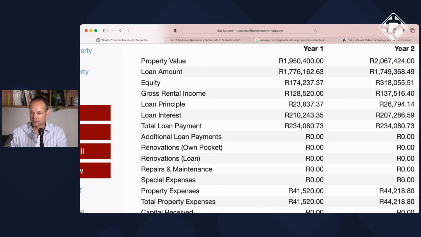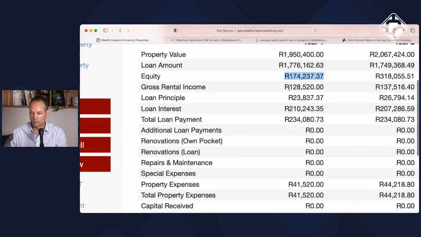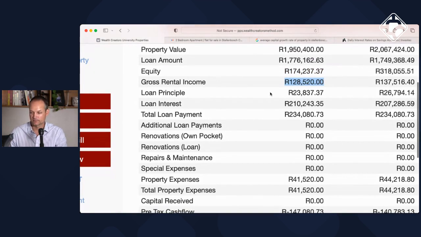Loan amount: remember we took out a bond of 1.8 million. At the end of that year, we're still going to owe 1.776 million to the bank, which means the difference between the value of the property and what we owe the bank is what we call the equity amount. That's the actual value we've accumulated in the property in the first year. Our gross rental income is 11,900 per month, and we just times that by 12.